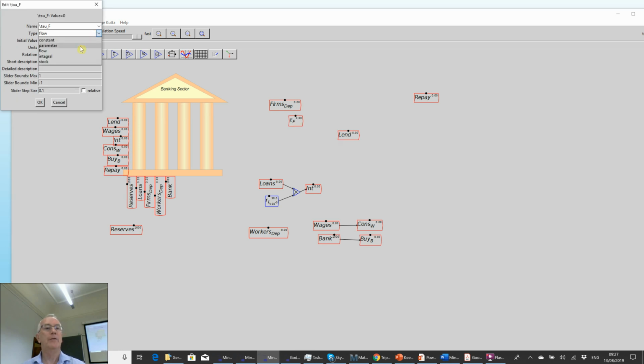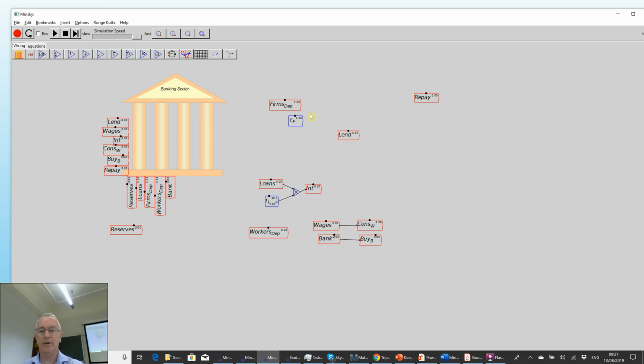Make it a parameter, give it a value of 1, say a maximum of 2 and a minimum of 0.2 and a step size of 0.1, and divide the firm's deposit by that, and link that up to wages, which are down here. I'll just grab wages and drag it up. Hang on. Because that's using control click to drag them around.